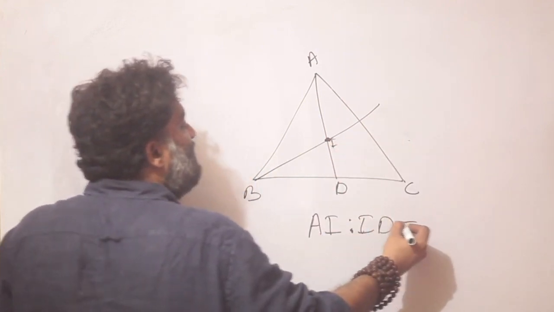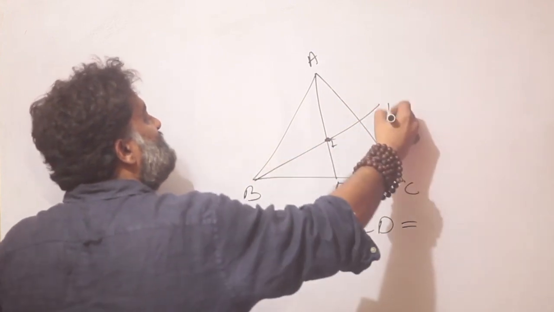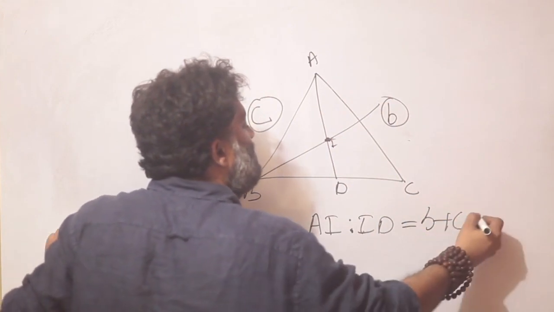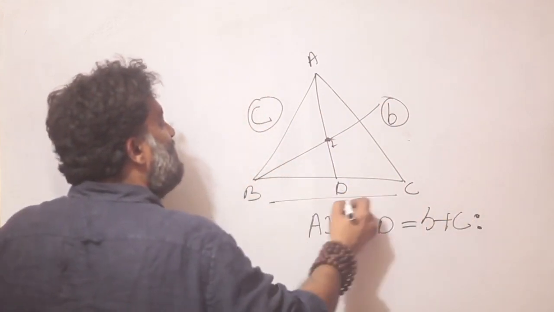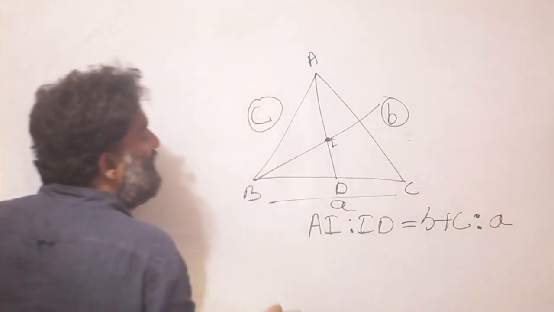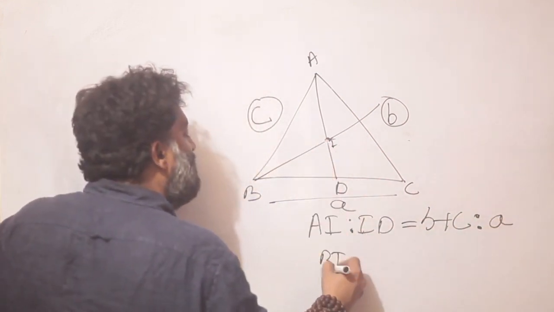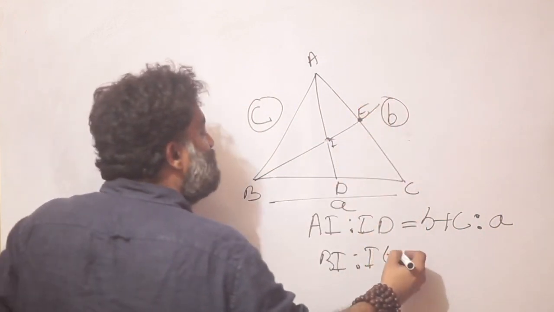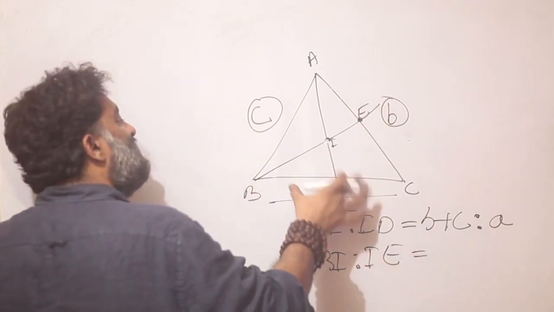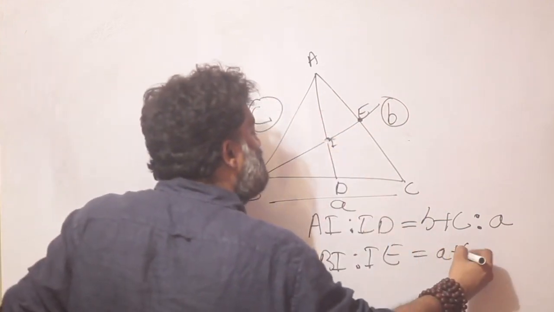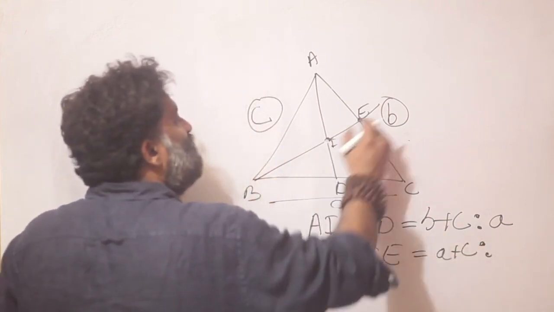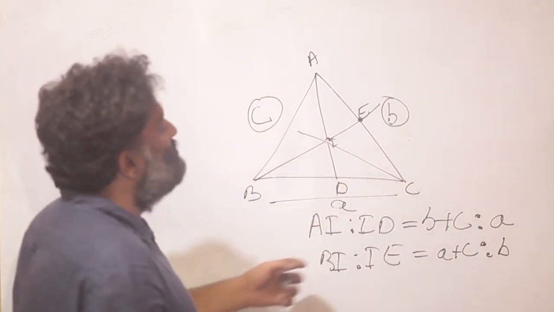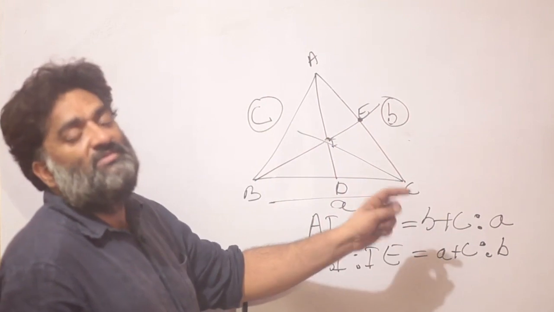AI is to ID is equal to, this side was B, this side was C, so B plus C is to A. This side was A. Similarly, if I think of BI is to IE, BI is to IE is going to be this side plus this side, that means A plus C is to wherever it is landing, B. And similarly, I can create a ratio for this also. So again, a very common property, and there could be problems based around this.